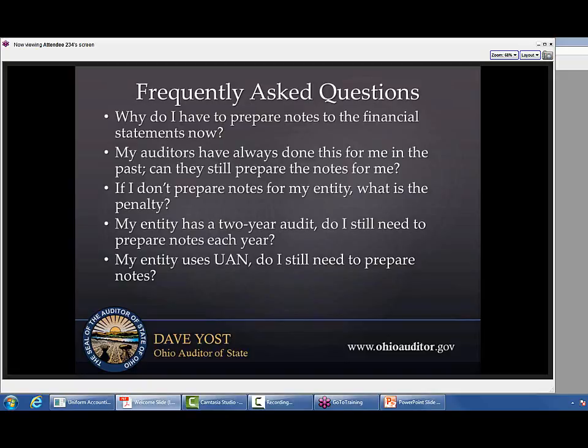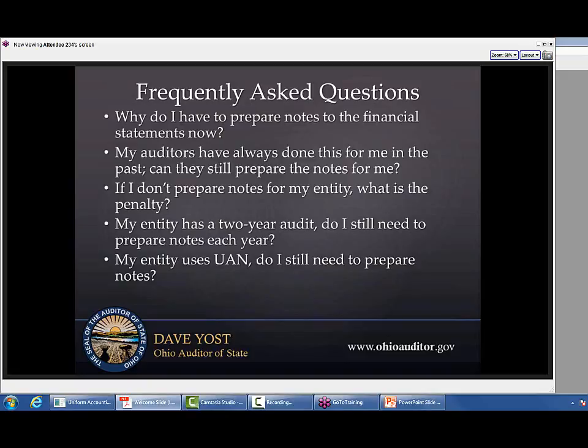If you have an independent auditor, we all know they have tax season going on and a lot of clients they're wrapping up or working on, so they may not have time to prepare your notes by the end of February. Therefore, the fiscal officer should prepare and file the annual financial report, including the notes to the financial statement. Basically, as fiscal officers, it's your responsibility to make sure these things get done. It doesn't matter if you do it yourself or contract someone else to help you, it just has to get done. But they are still allowed to do that.